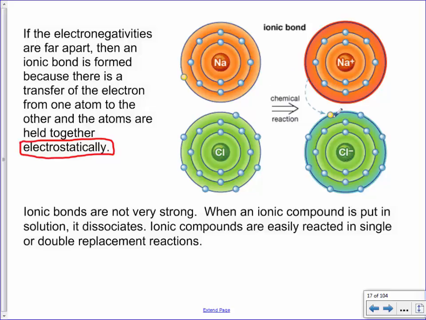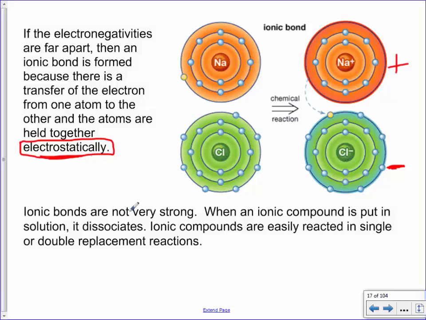Chlorine kind of steals the electron. Sodium kind of maintains a little bit of possession of it, but more or less it's lost its electron. What ends up happening now is this guy has a positive charge, this guy has a negative charge. What do positives and negatives do? They attract. And the name we have for that attraction is electrostatic. So ionic bonds are held together electrostatically.